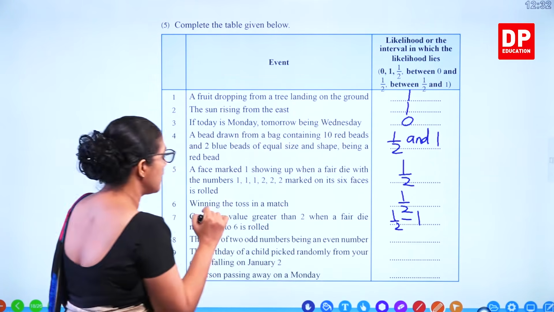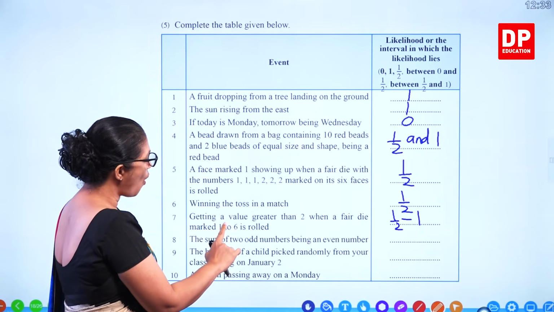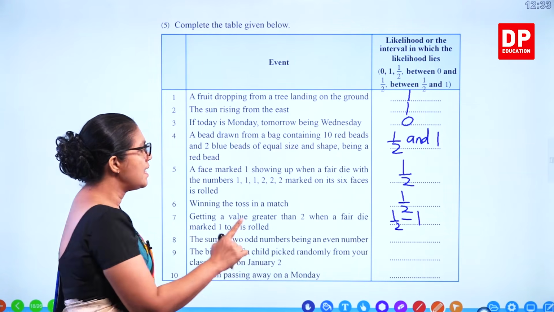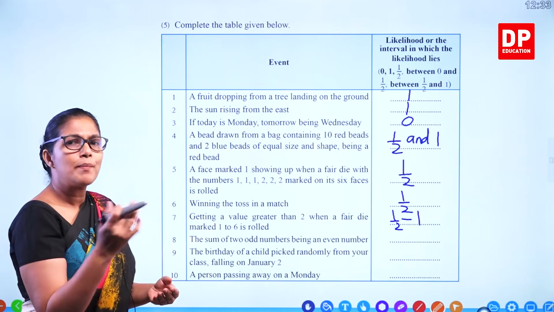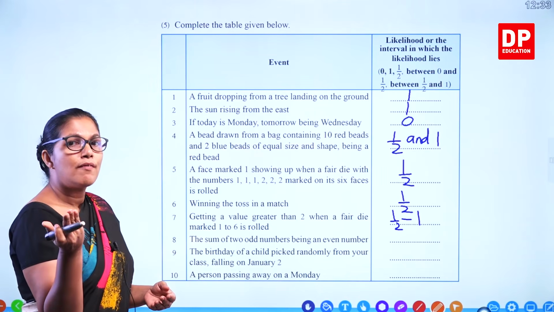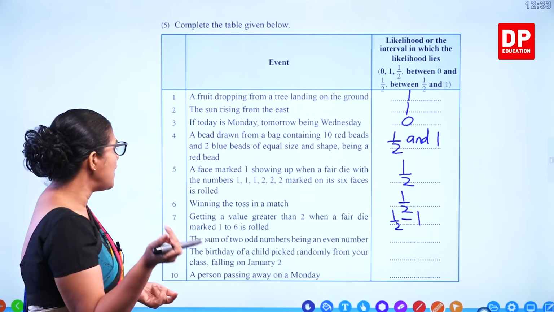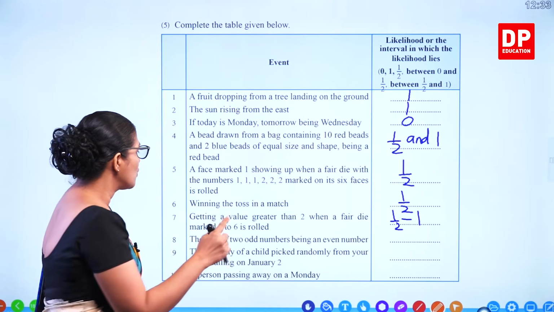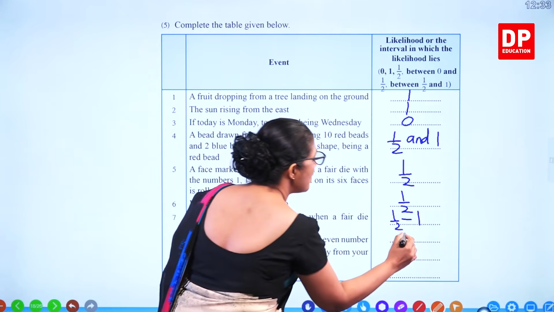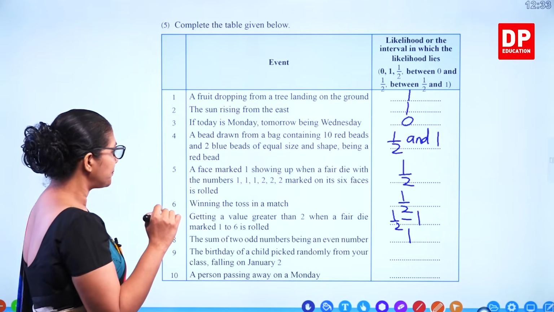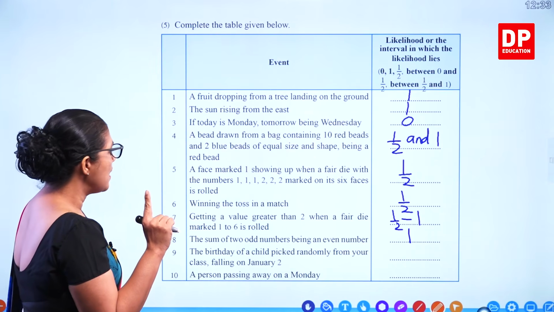The sum of two odd numbers being an even number. 1 plus 3, 4. 5 plus 7, 12. Always an even number. So that's certain. That's probability 1.